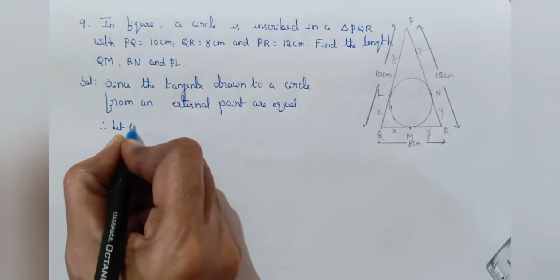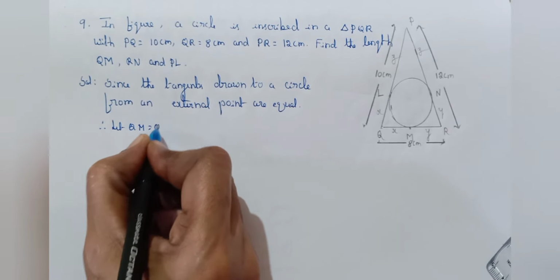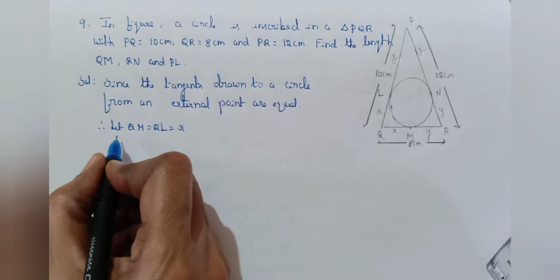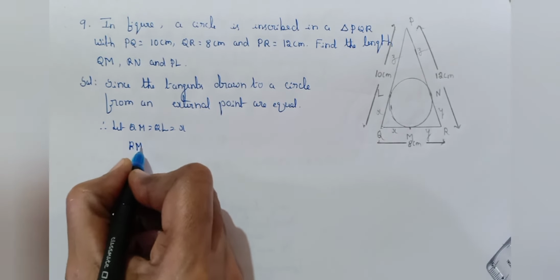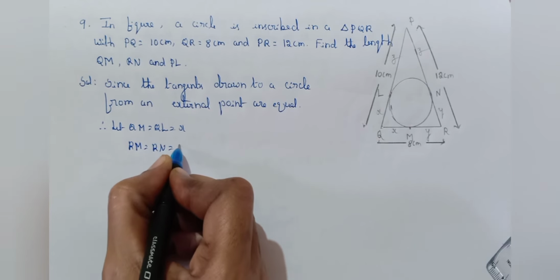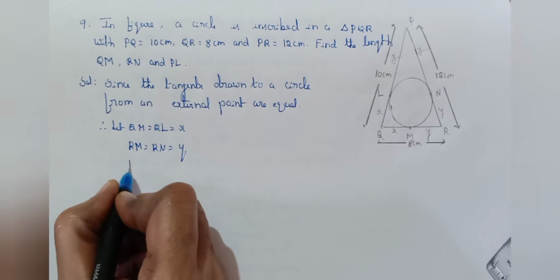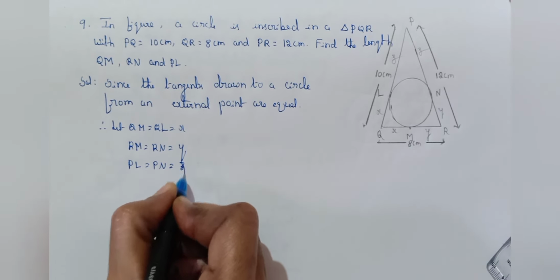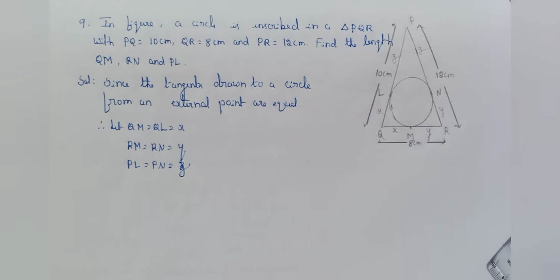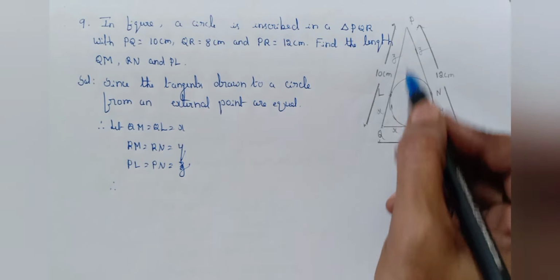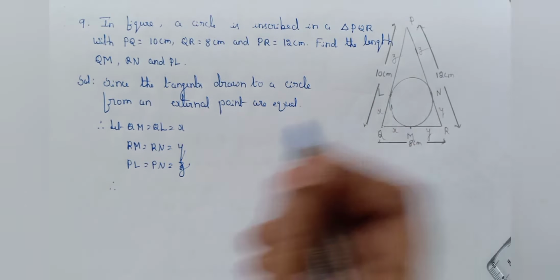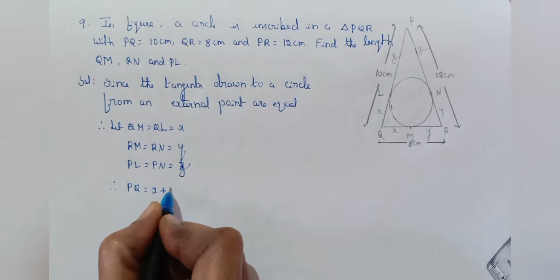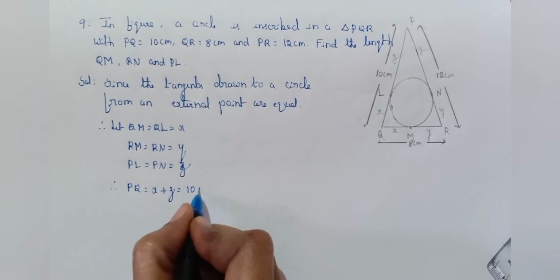Let QM is equal to QL is equal to x, RM is equal to RN is equal to y, and PL is equal to PN is equal to z. Therefore, PQ is equal to x plus z is equal to 10 centimeter.